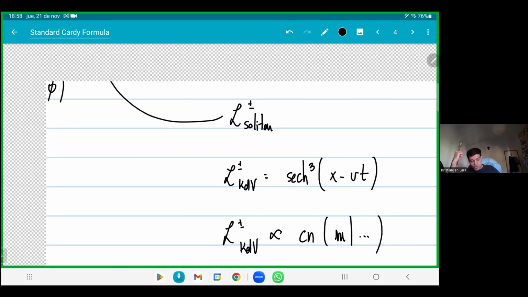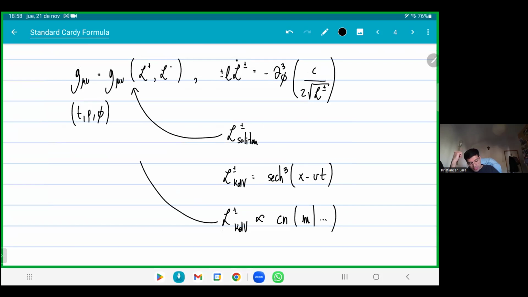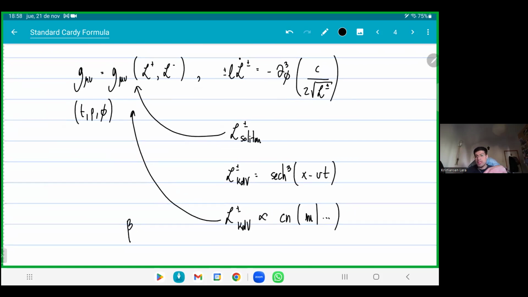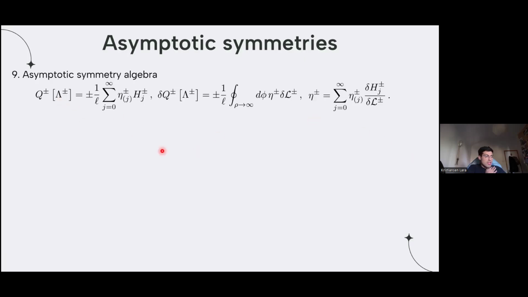Nonetheless, to have a metric with this cnoidal wave, it will be very involved to find, for example, beta, Hawking's temperature, and perform the thermodynamic analysis. But we are working on that, and we have results. But at the moment, there's no solitonic solution from the metric point of view. That's my point.